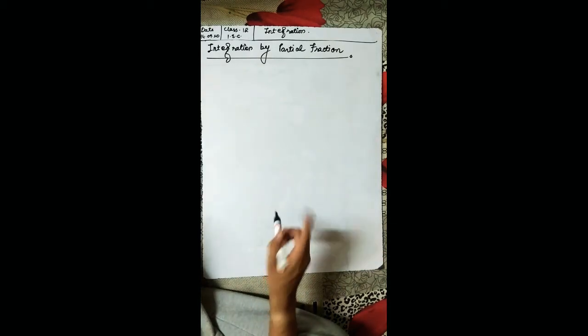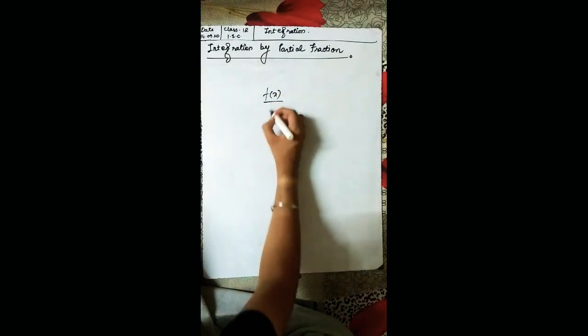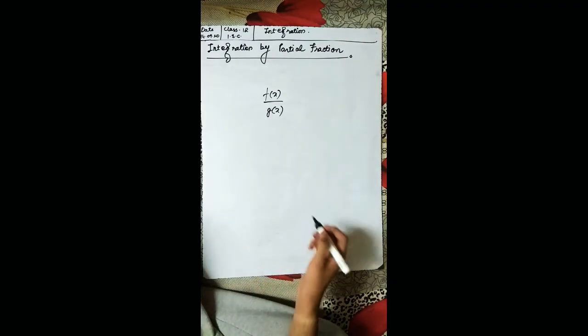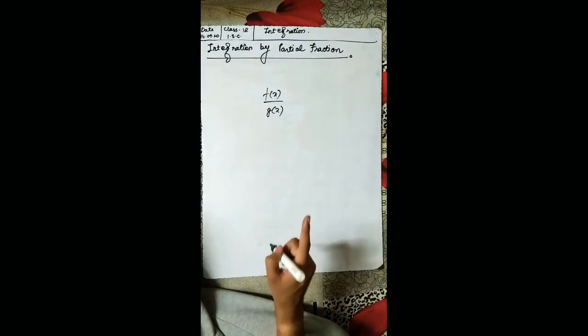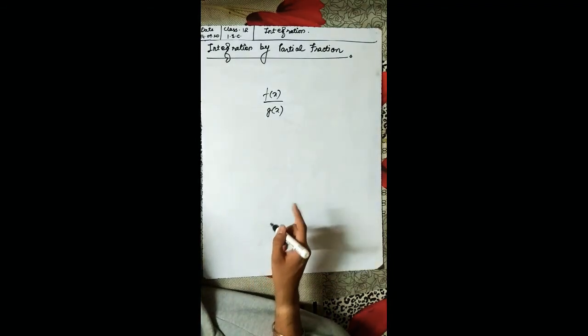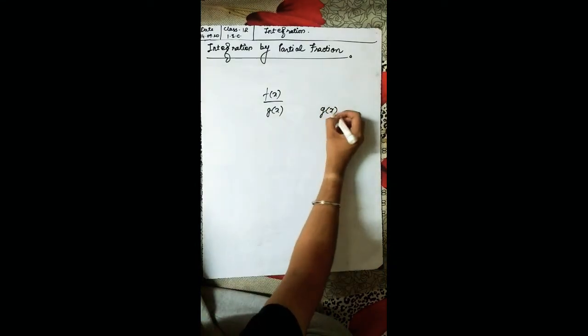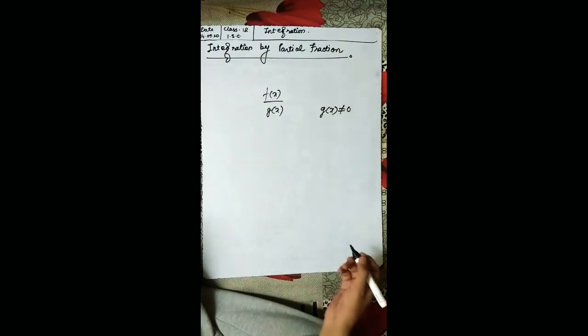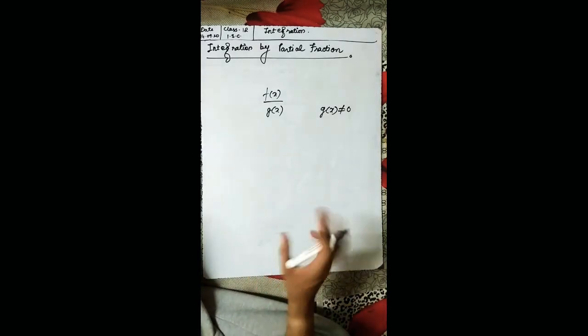A function of the form f(x) upon g(x), where f(x) and g(x) are polynomial functions, where g(x) shall not be equal to 0, is called a rational function, which you already know.